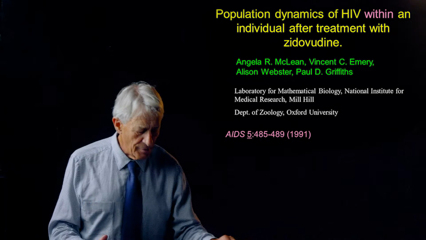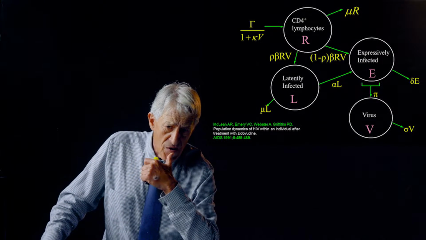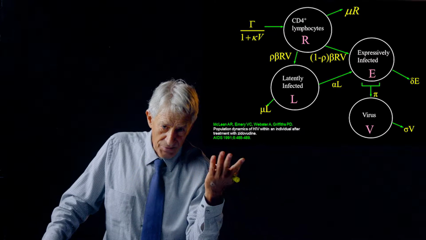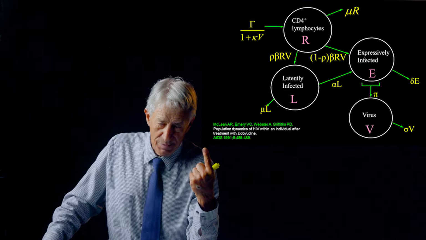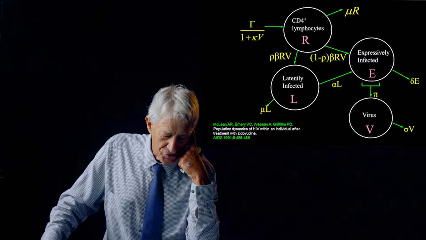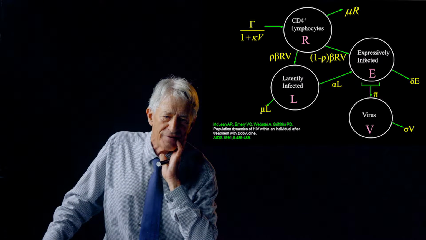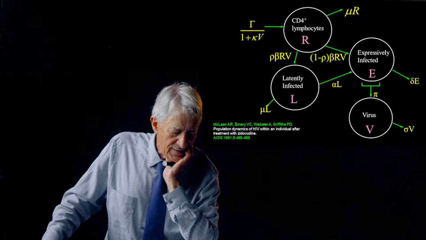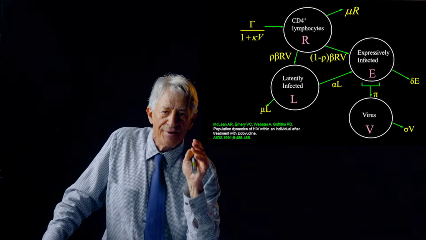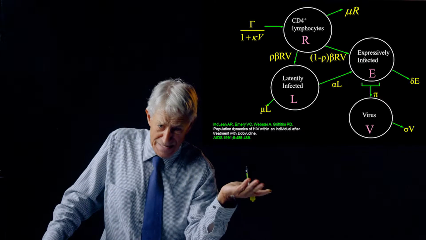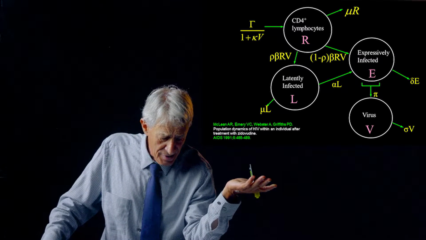So here is her model. And you see 4 state variables. R is the lymphocytes that are actually infected by the HIV virus. They're called CD4 positive lymphocytes. And those R lymphocytes bump into V's, viruses.